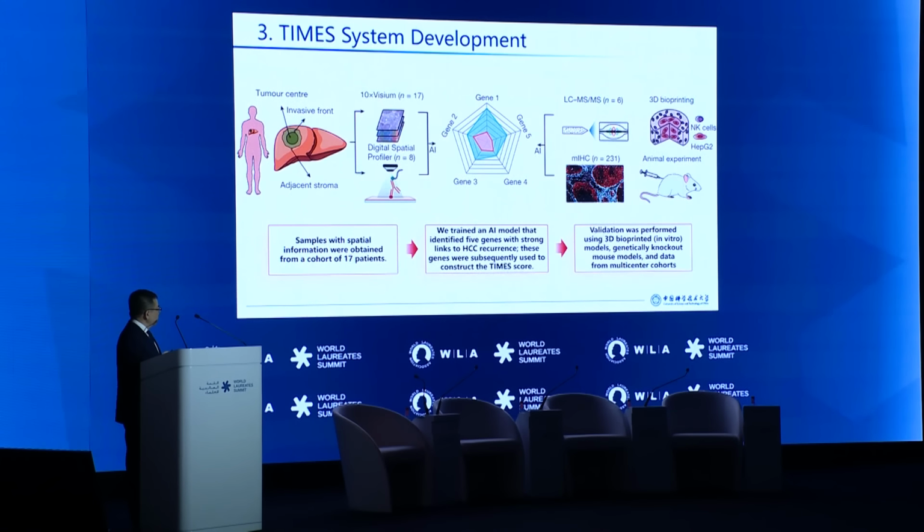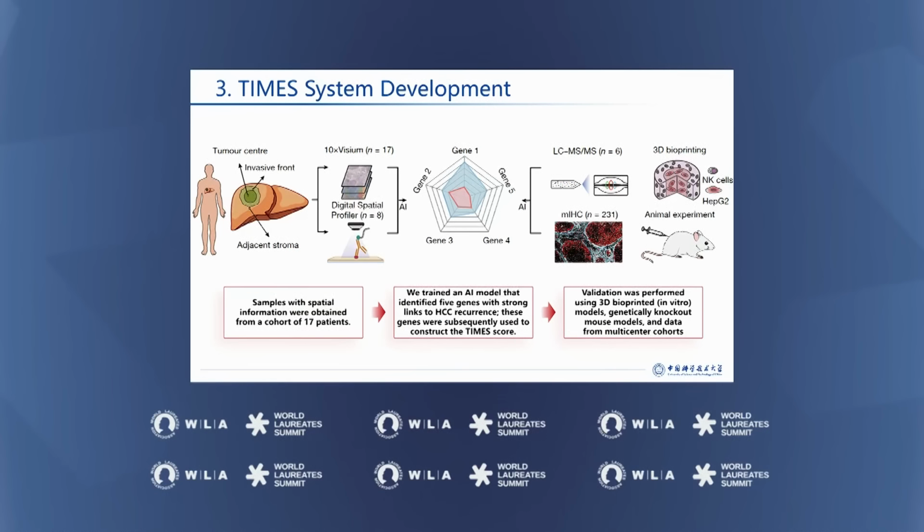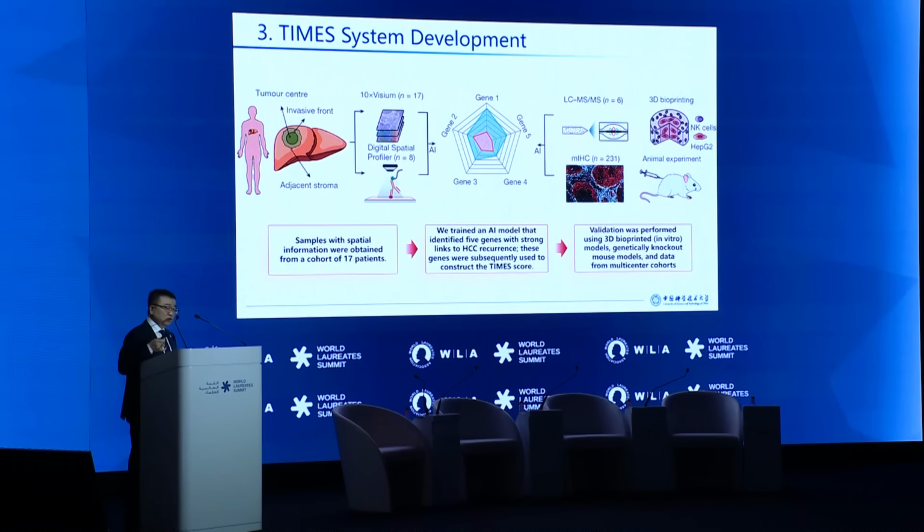Samples with spatial information were obtained from a cohort of 17 patients. We trained AI models that identify 5 genes at last. The first step was 241 genes with strong links to hepatocellular carcinoma recurrence. These genes were subsequently used to construct what we call the TIMES model, the TIMES score.